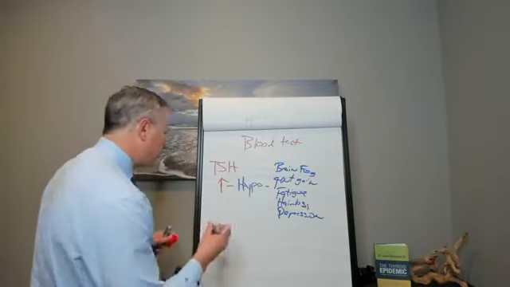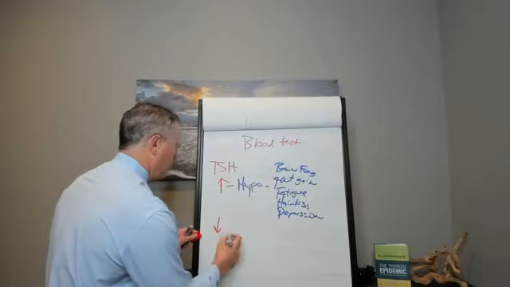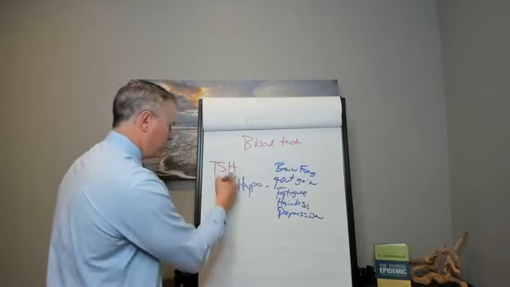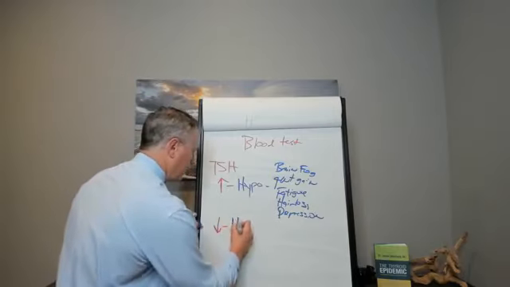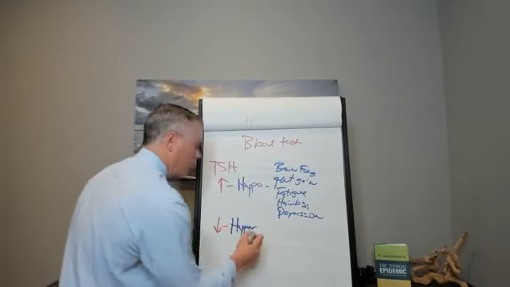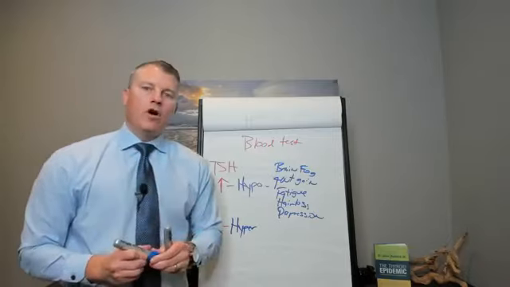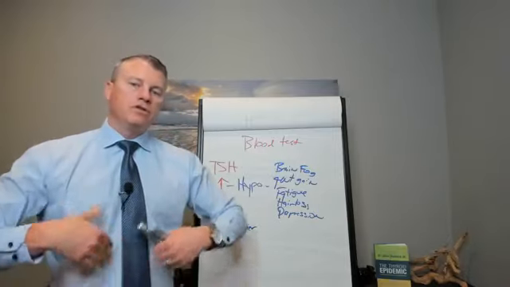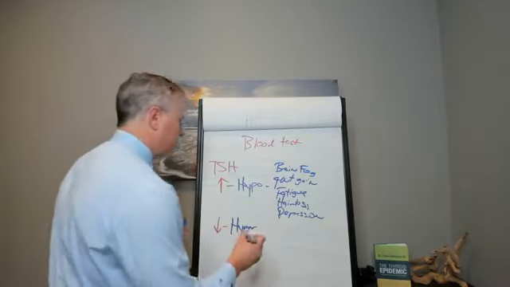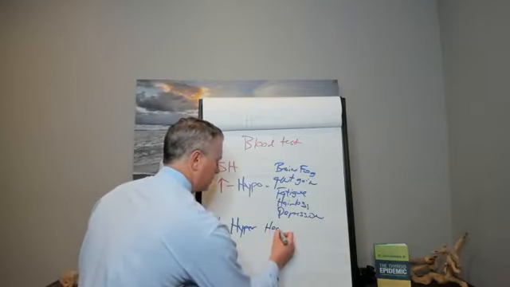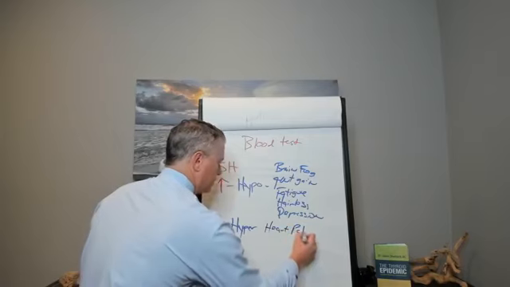Now, if we have the opposite and we've got a low TSH, decreased TSH, that's going to be the equivalent of, obviously, hyper. So hyperthyroid is going to be an overreactive thyroid that's producing too much of the hormone, and the person's going to have certain symptoms. So what do we see? We see things like heart palpitations.